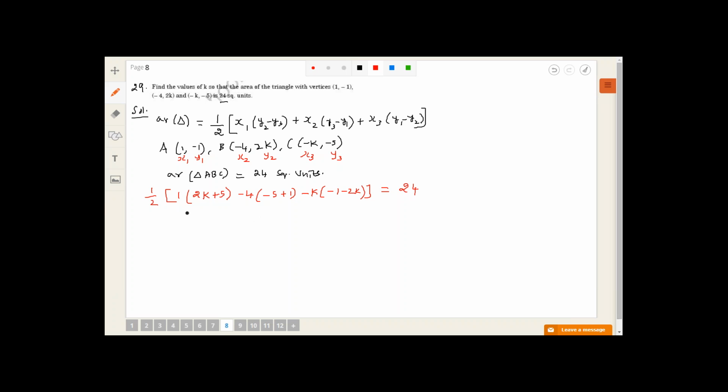So 1 into 2k plus 5 will be 2k plus 5. This will be minus 4 into minus 4, and this will be minus k into minus 1 minus 2k, that is equal to 24 into 2, which is equal to 48, or 2k plus 5 plus 16 plus k plus 2k square is equal to 48.